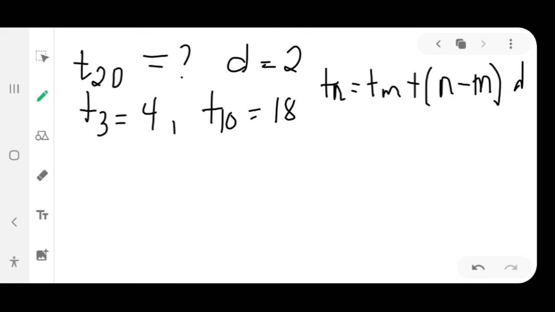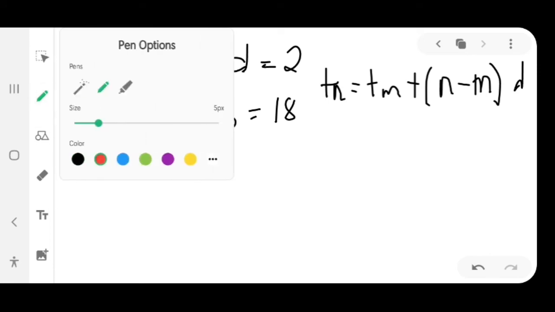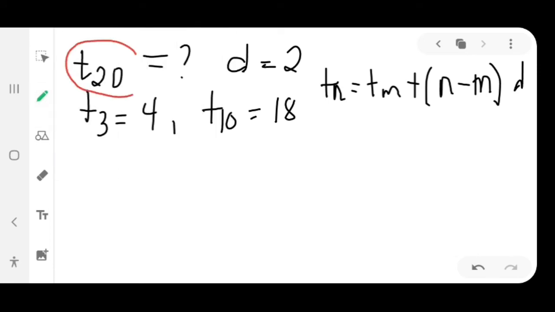So our t sub n here is our unknown term.